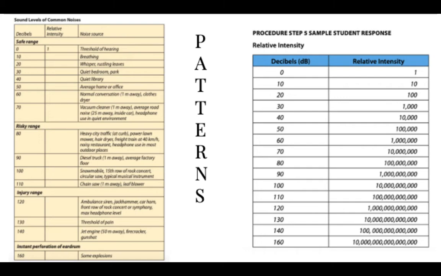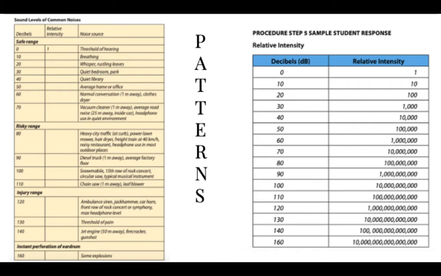So at a 0 decibel, the intensity is 1. If I add 10, the decibel at 10 has an intensity of 10. But when I go from 10 to 20, I don't just go up by 10. The intensity is 100. No, sorry.